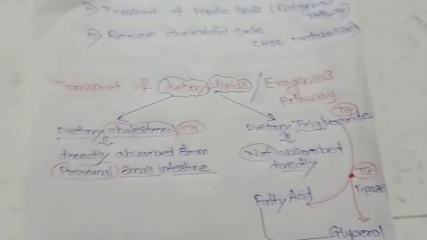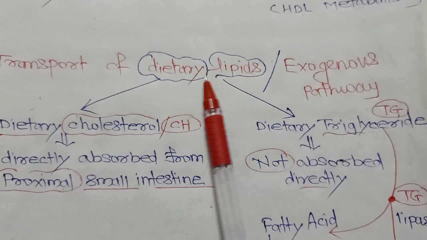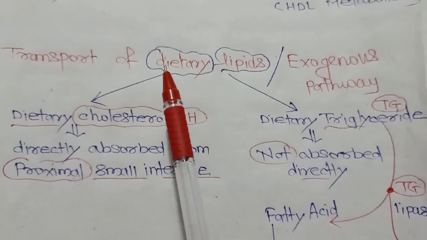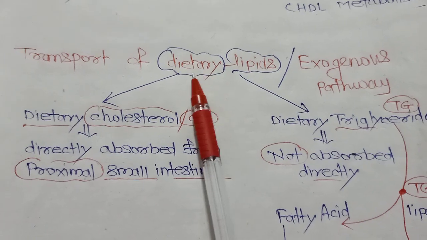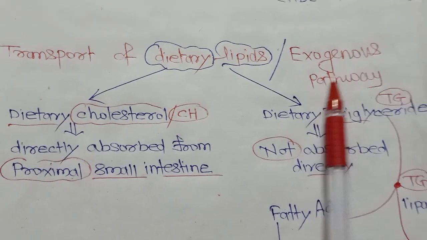So we'll start with the transport of dietary lipids, the lipids that we take from the diet, the exogenous pathway.